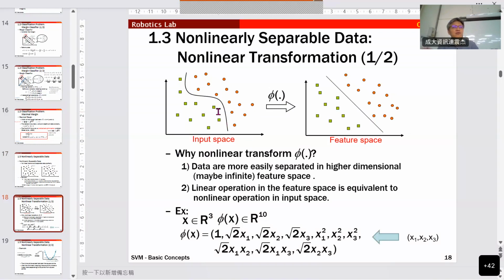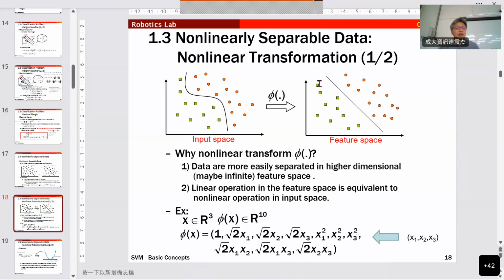So SVM, the solution is this one. Based on the activation function, which here we call the kernel function, we project the samples from the original space to a higher dimension, which we call the feature space.